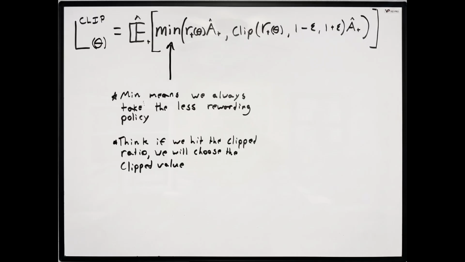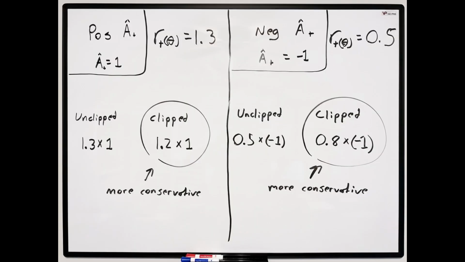It's a little bit counterintuitive, so let's look at an example for two situations. One where our advantage is positive, and the other where our advantage is negative. So for the positive advantage version, let's think of an example where our ratio exceeds our clipping ratio.